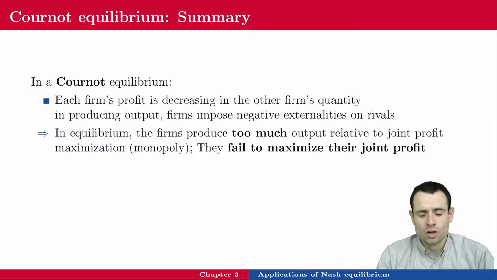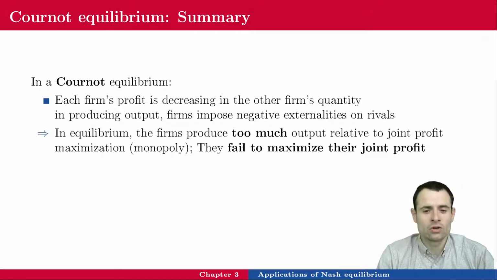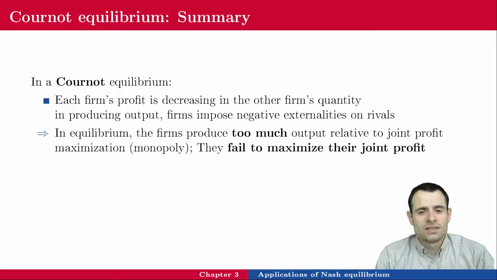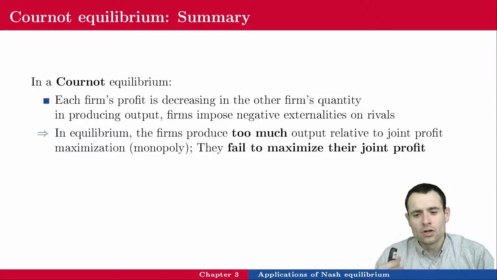So they will have to decide who is producing how much, and they would share the monopoly profits. Because they do not cooperate and they harm each other when they produce, they fail to maximize their joint profit.